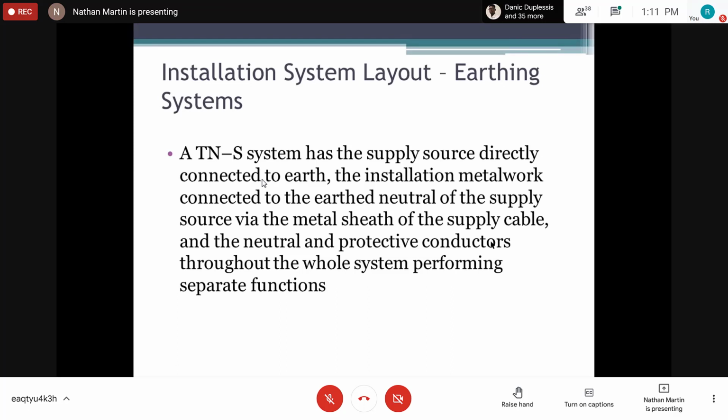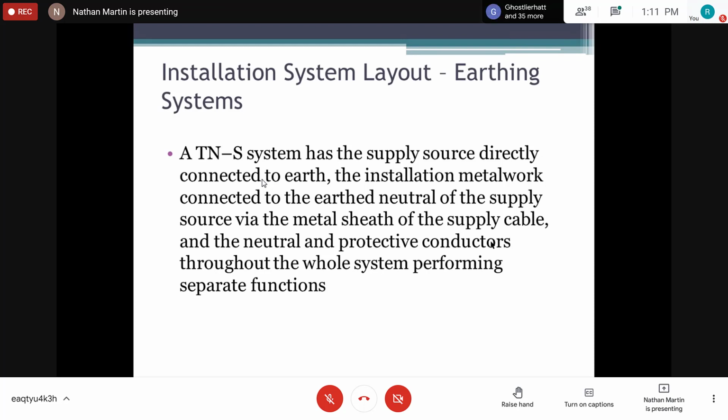right? So the TN-S system has the supply source directly connected to earth. The installation metalwork is connected to the earth neutral of the supply. So we're going to look at them in diagram now. We're just telling you what the wording means, right? Via the metal sheath of the supply cable.